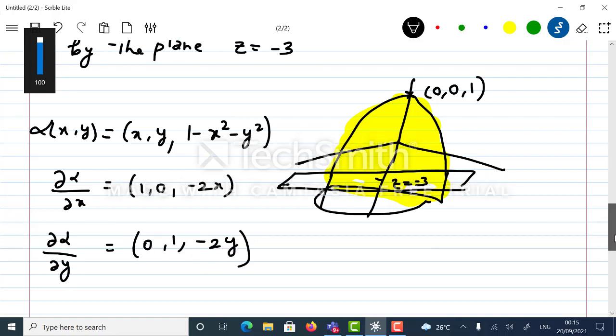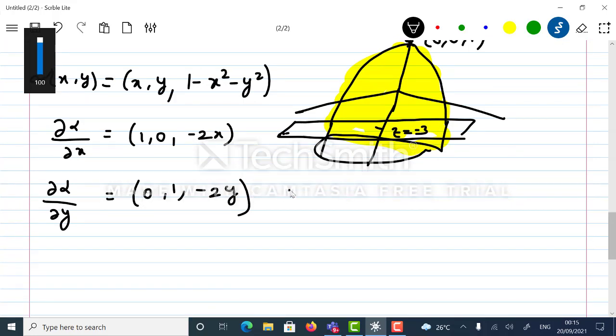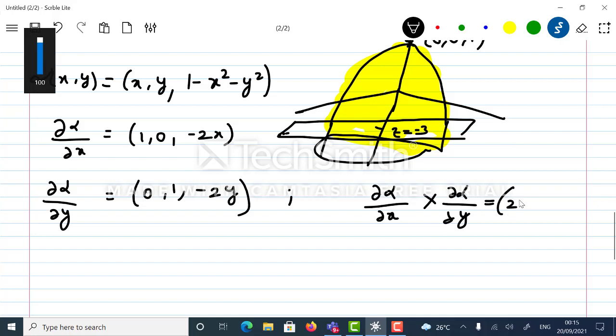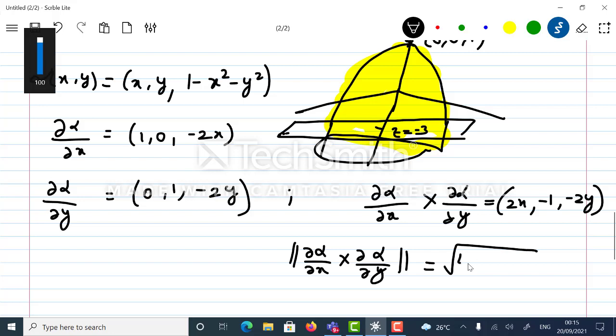Then we need to find the cross product, dou alpha by dou x cross dou alpha by dou y, that is (2x, 2y, 1), and then the norm of this will be under root of 4x square plus 4y square plus 1.